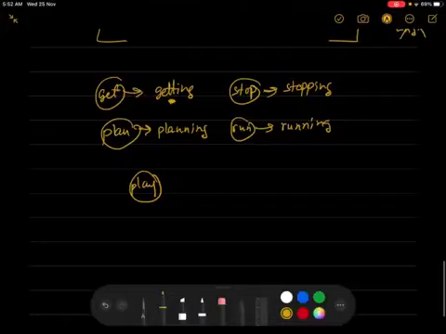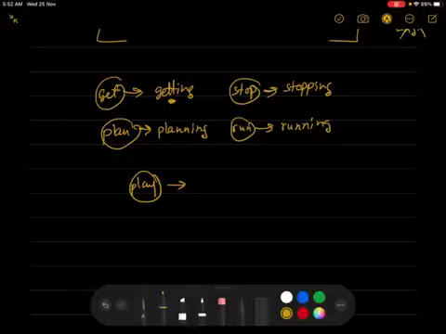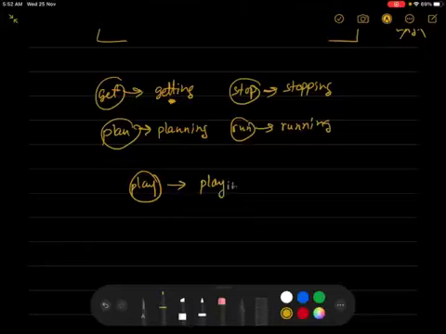For example, play is a verb with short pronunciation. Play, one syllable, one vocal sound. When we use it with the present continuous, we say playing. Ahmed is playing tennis now.